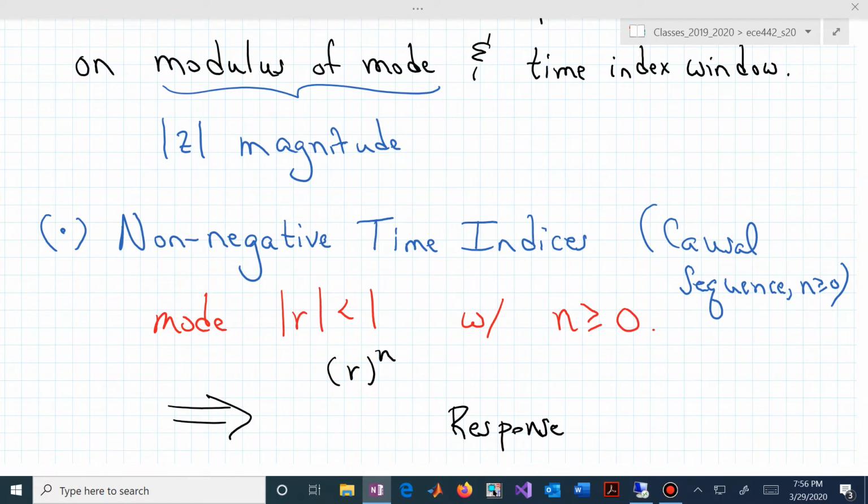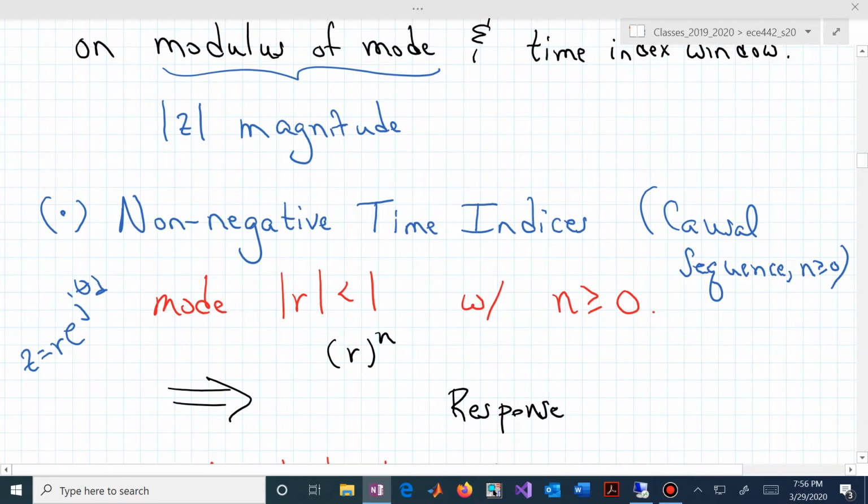Suppose we have a mode, let's just look at one at a time. The mode, let's say, has a magnitude of r. Now I'm saying that z is equal to r e to the j theta sub d. I'm now looking at the magnitude of r to the n, with n greater than or equal to 0.